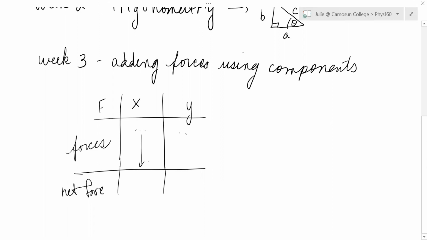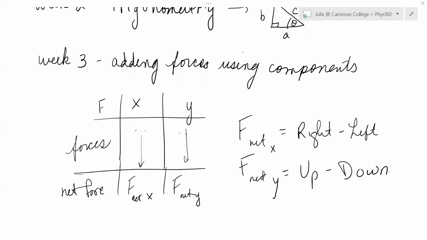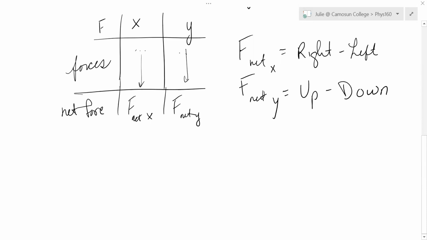You added up all the X's to get F net X, added up the Y's to get F net Y. And so the F net X would be forces to the right minus forces to the left. And F net Y would be forces that point up minus forces that point down. But you can't do that unless you get everything into components. So forces that are at an angle, those aren't any use to you at all until you get them into components.